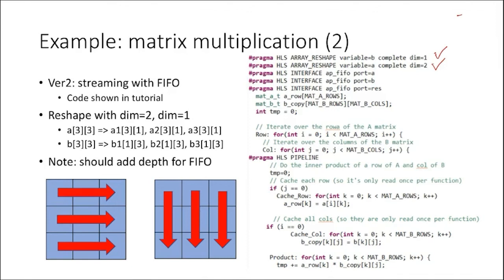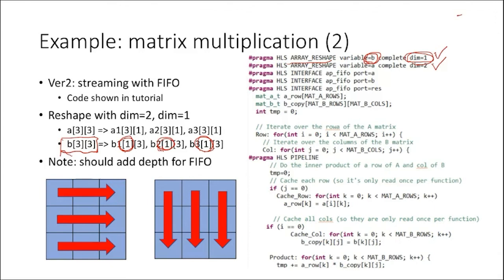For example, reshape matrix B with dimension 1 means that here we have a 3 by 3 matrix B. The first dimension is divided into 3 parts, and each of these 3 parts will be stored in a respective BRAM such that they can be accessed concurrently.